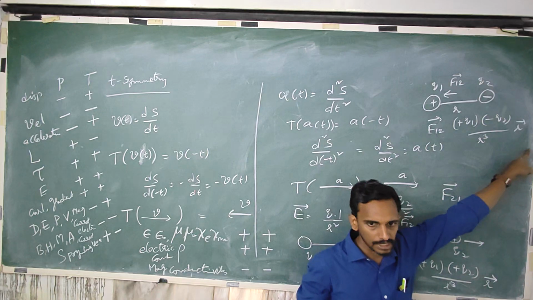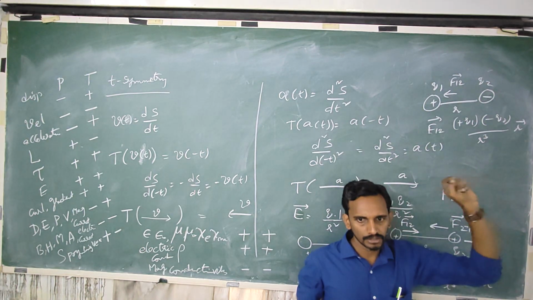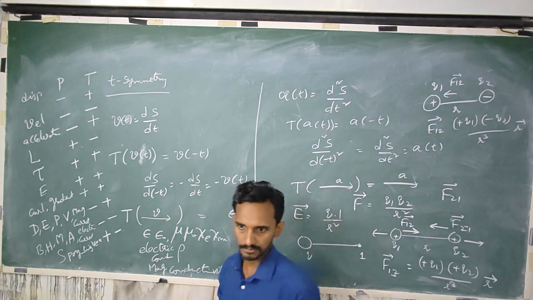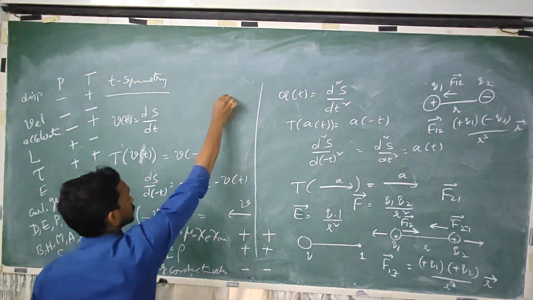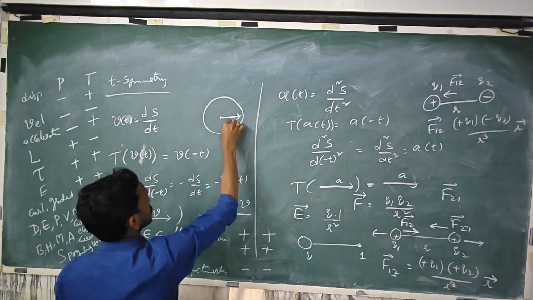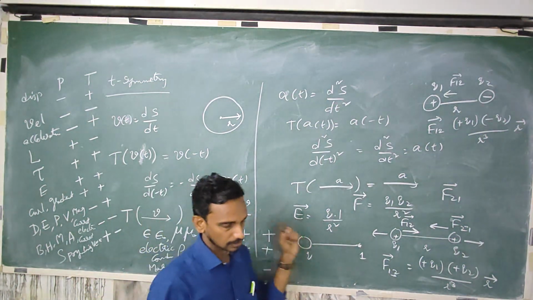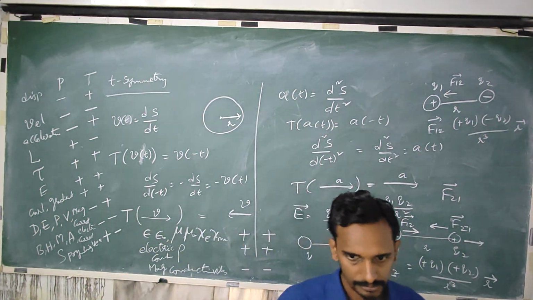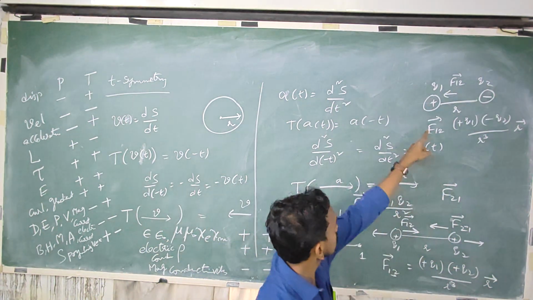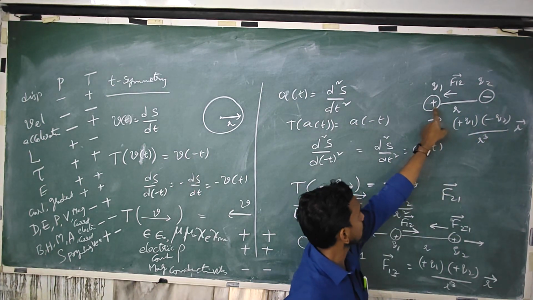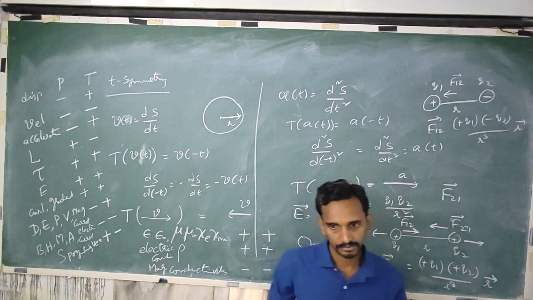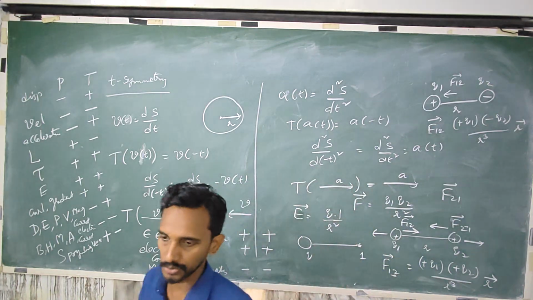Radial vector is always directed from the point to the object. Radial vector definition is that. Even in your circular motion you have defined that. Radial vector connects the point to the object. So here this radial vector is directed from Q1 to Q2.